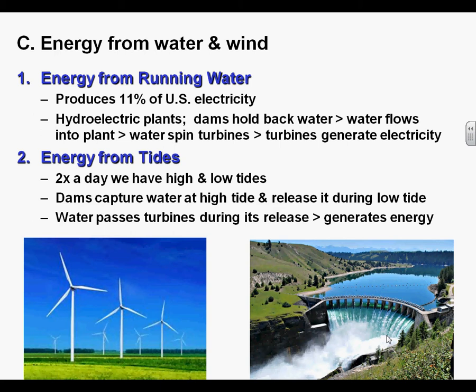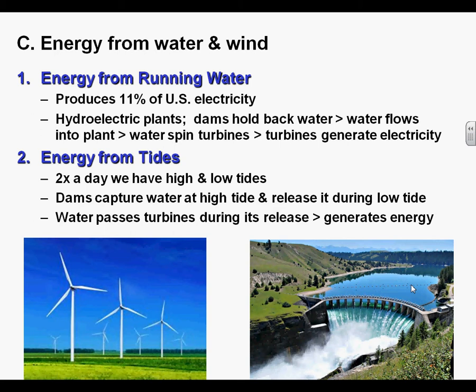But it does change the landscape. So if you look, this river that's going through here might have only been a river, now it's a lake. And so all of that land is now underwater. So there is some controversy associated with that type of thing because it changes the landscape and the organisms that can live there.